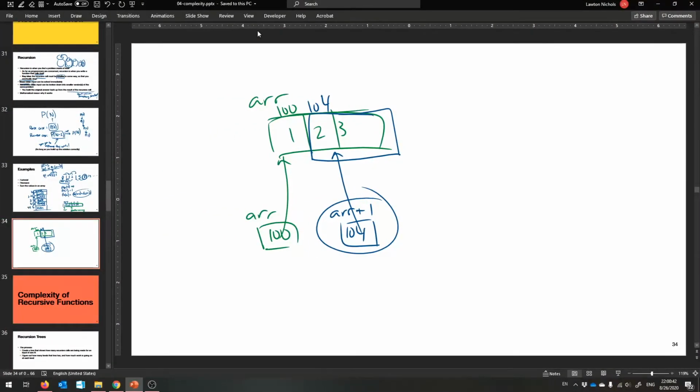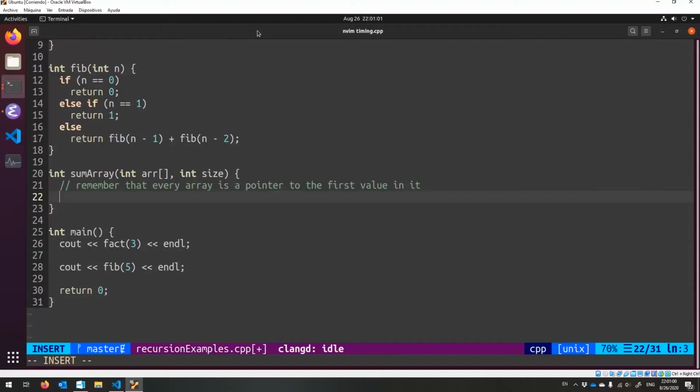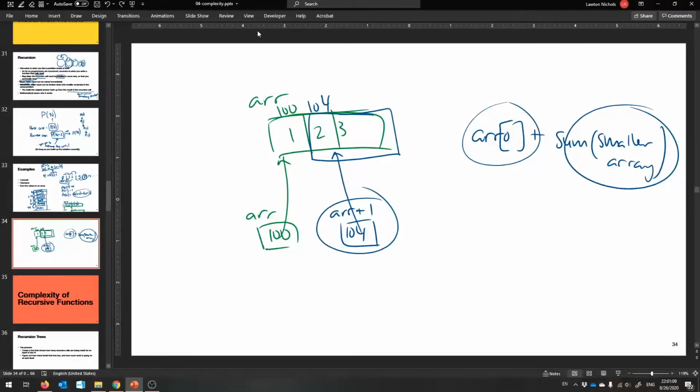I can add my current index, array 0, and then I can add the sum of the smaller array. And that will build up correctly the answer for the sum of the biggest array, this whole thing. Okay? So if size is 0, obviously the sum is nothing, because that's an empty array. Sum of empty array equals 0.